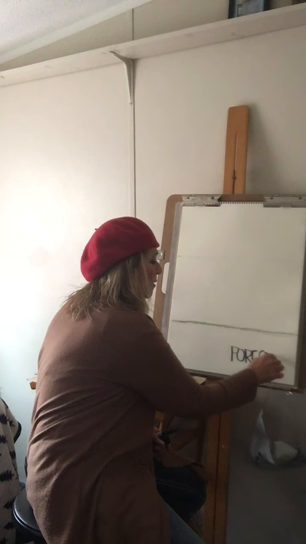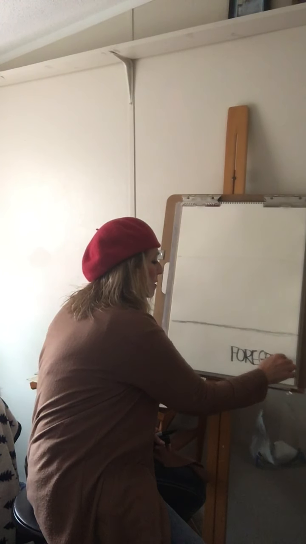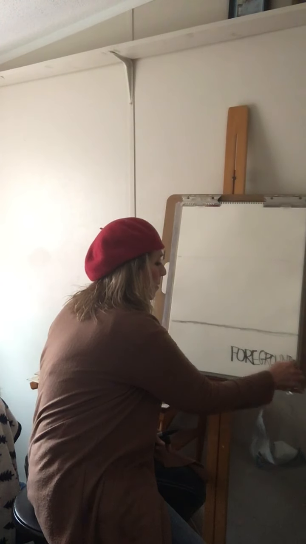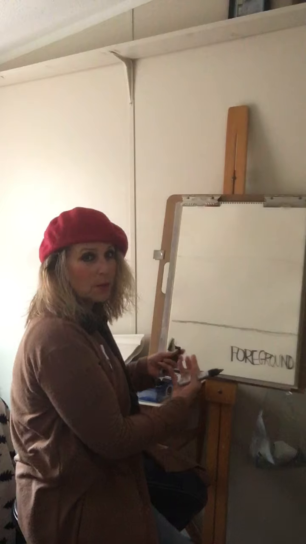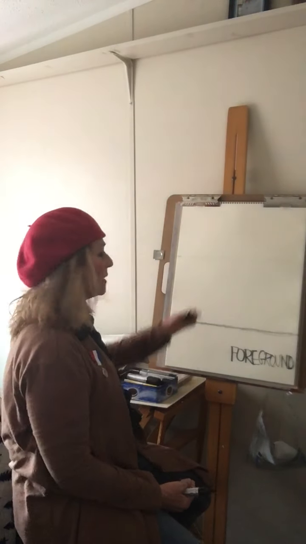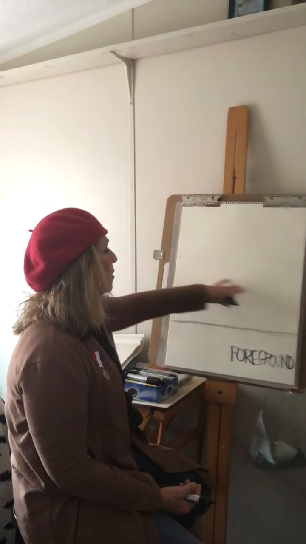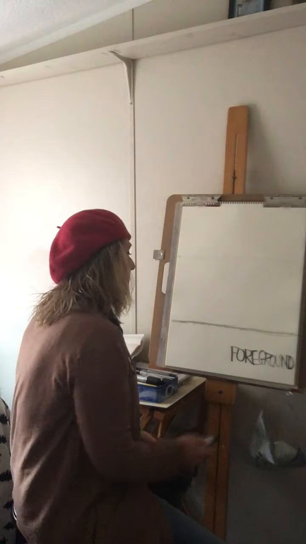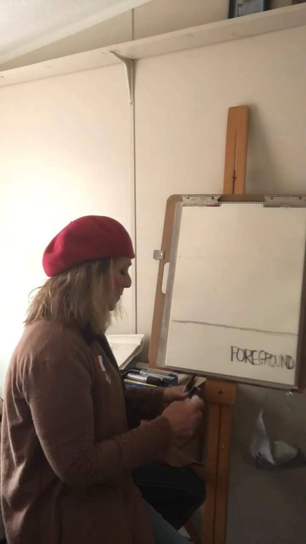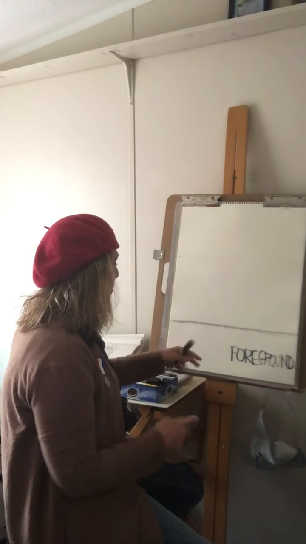We'll do some new art vocabulary. This is the foreground, the stuff that's going to be closest to us. Anything that's here is called the middle ground, and then that would be the background. And I just realized that's backwards, so anyway, this is the foreground.